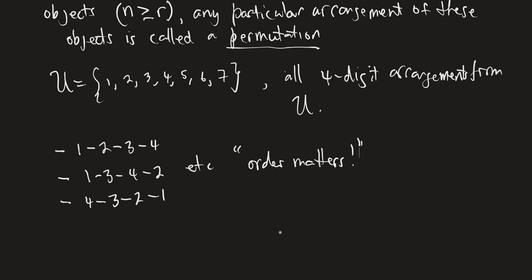So now the question is, how many possible permutations are there if I'm choosing r objects out of n distinct objects? So here is the formula.